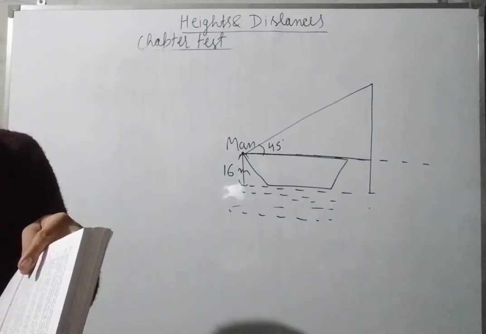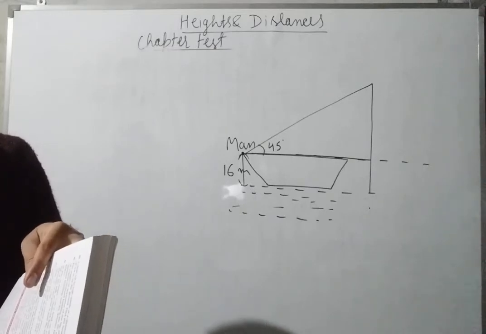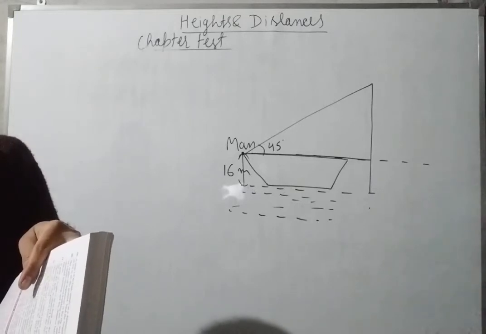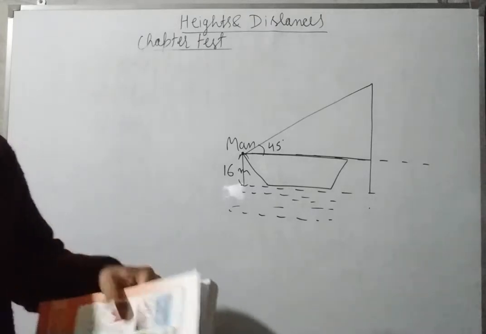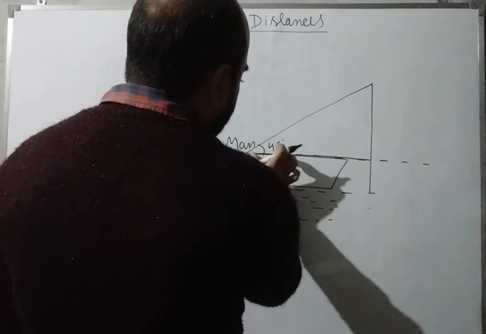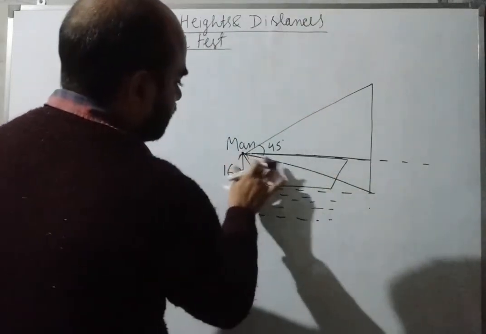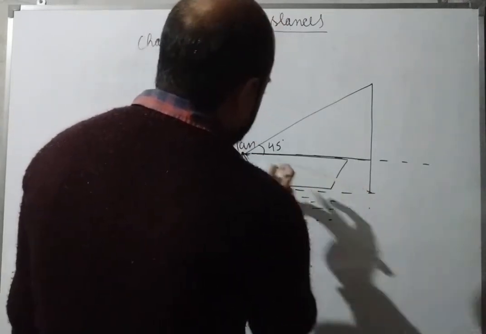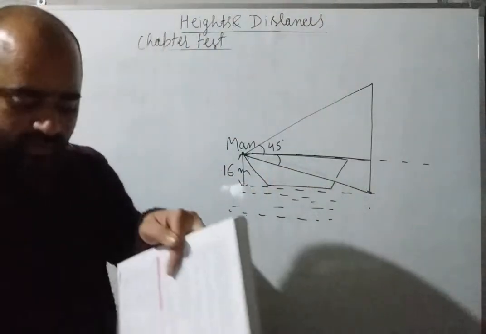And the angle of depression of the base is 30 degree. Calculate the distance of the cliff from the ship and the height of the cliff. So this is 45 degree, and the angle of depression of the base is given, this angle is 30 degree.